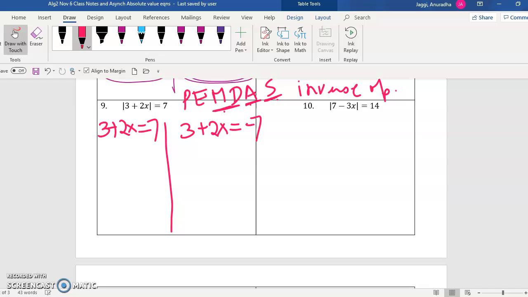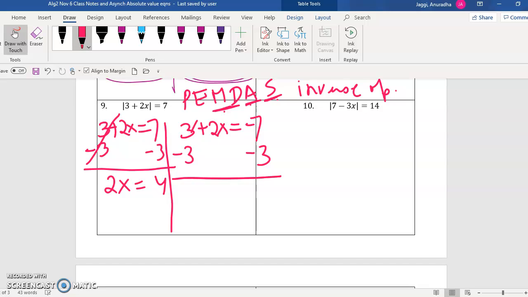So 3 is added, and the inverse operation of addition is subtraction. So you subtract 3 from both sides. This goes away, 3 minus 3 is 0, 7 minus 3 is 4. So you're left with 2x equals 4. We do the same thing on this side. 3 is added, so you subtract 3 from both sides. 3 minus 3 is 0.